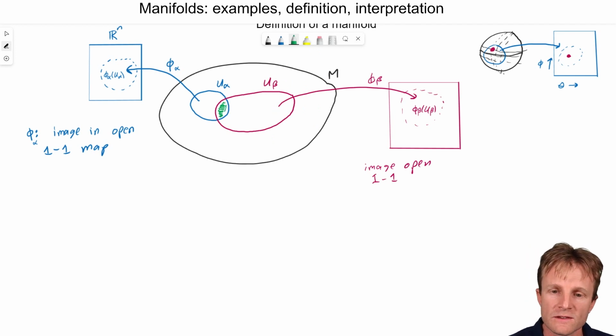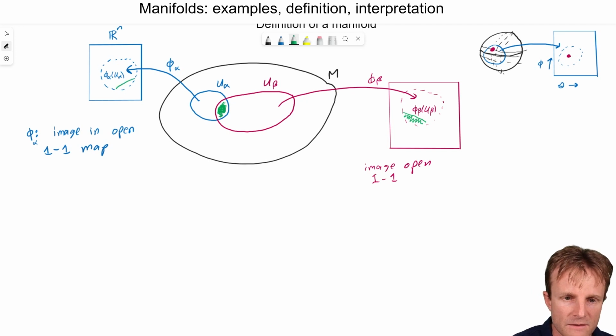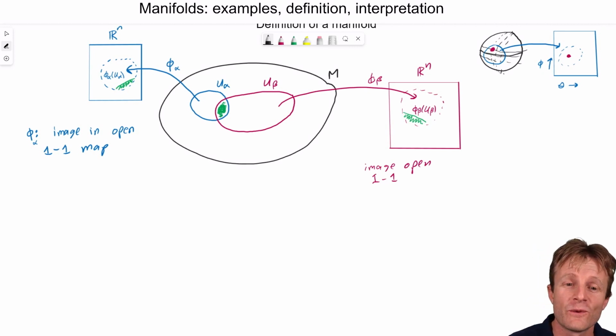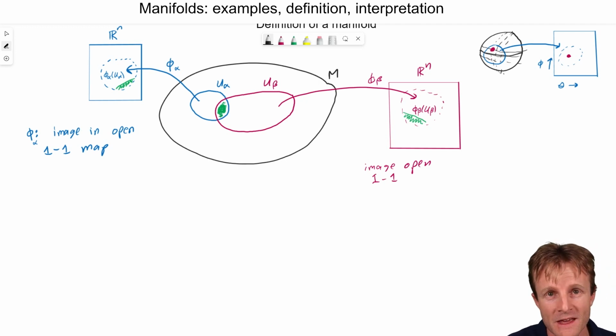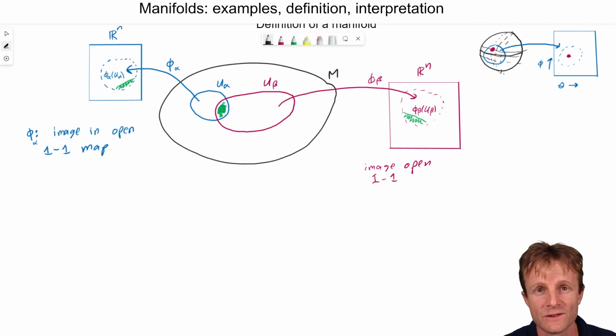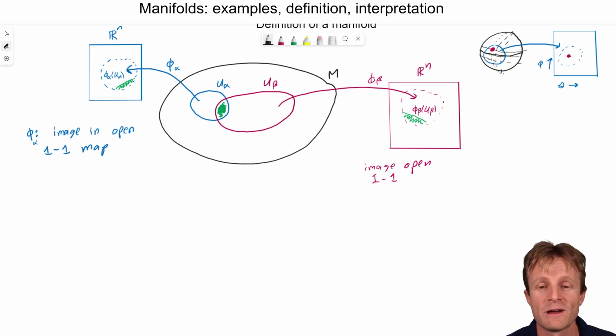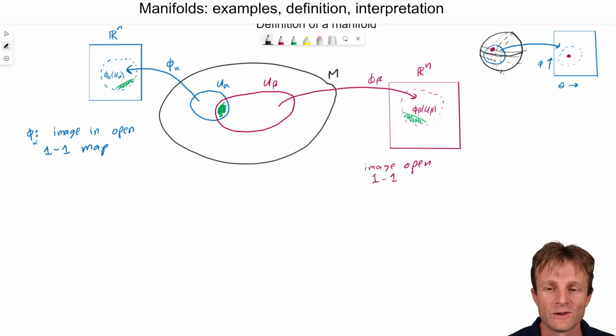And what we're going to use is that in the images of this overlap region, which I'll draw like this and like this, we can actually make a map from the green region of the red Rn through the manifold, but eventually all the way to the green region of the blue Rn. And this map we can demand is continuous and in fact smooth. We know what that means because it's just a map from an open subset of Rn to another open subset of another Rn. And by making that demand, we have a notion that these different local Rn regions are smoothly stitched together into a good manifold.